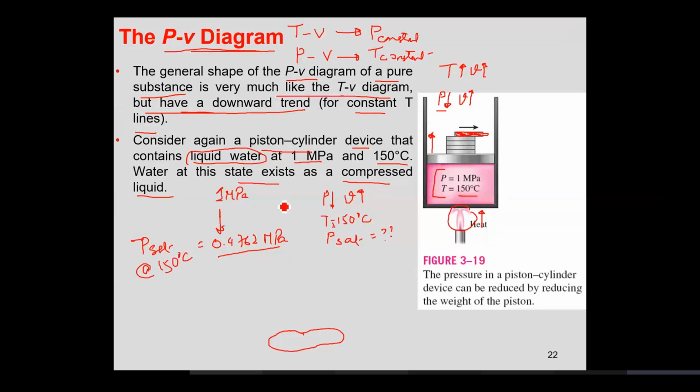At this pressure, if you keep the pressure constant at 0.4762 and the temperature is also constant, this heat which is being added into the system would be utilized to convert liquid into the gaseous phase, because this is the saturation pressure. All right.